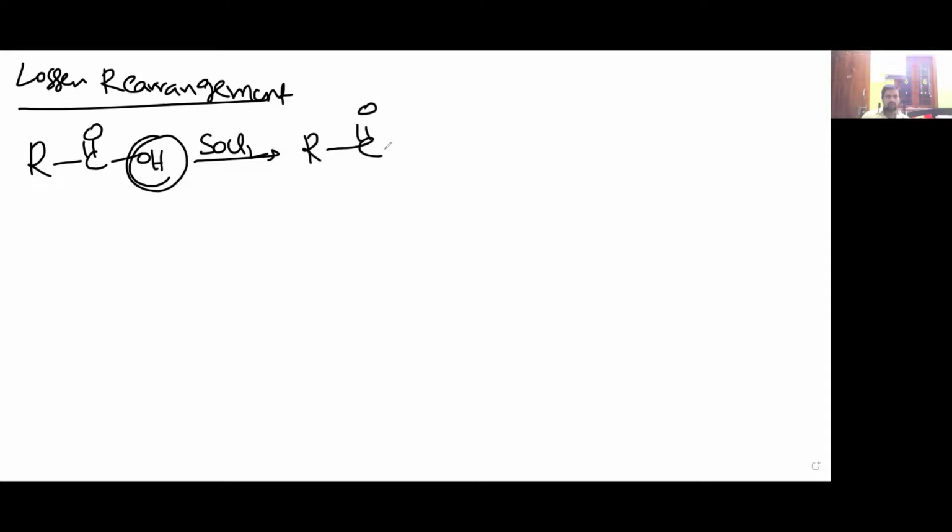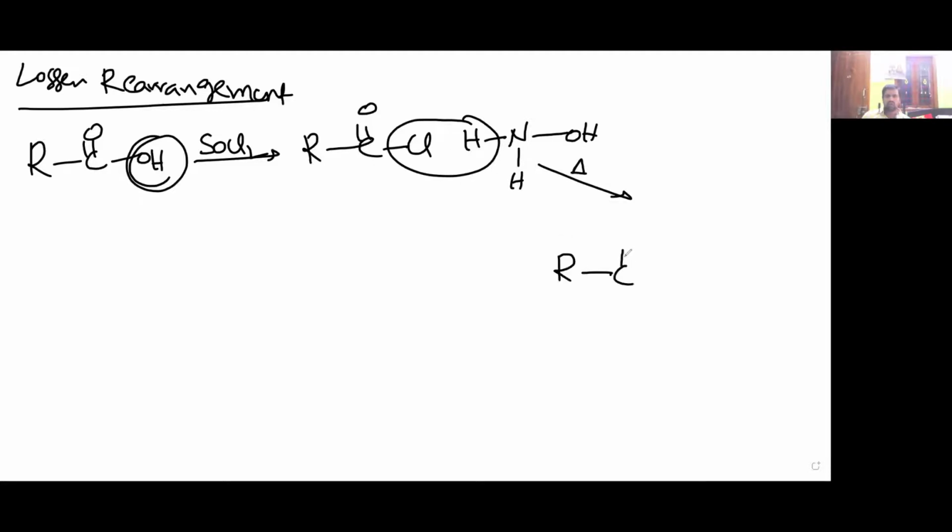Anywhere you want to convert OH to Cl, what are the applicable reagents? SOCl2, PCl5, PCl3. After that, this is treated with hydroxylamine, heating. HCl is eliminated.